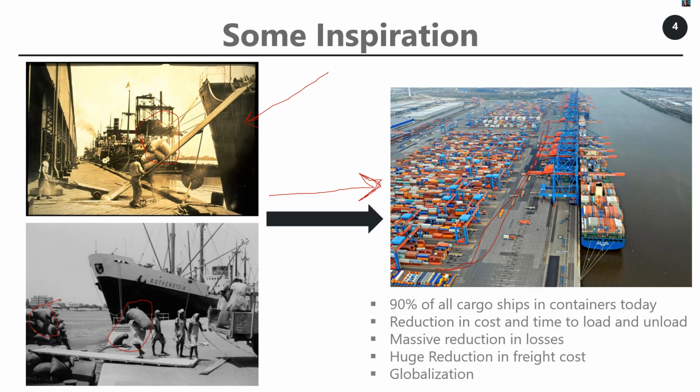So 90% or more of all cargo ships in containers today. So like I said, there is a reduction in cost and time to load and unload containers. It's very optimized, right? It's a massive reduction in losses, huge reduction in freight cost.